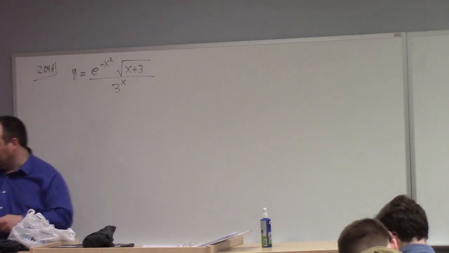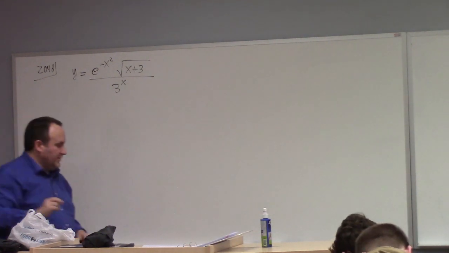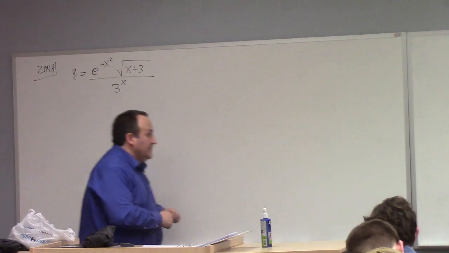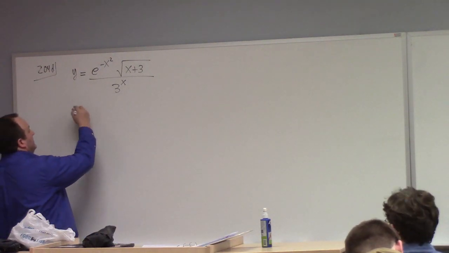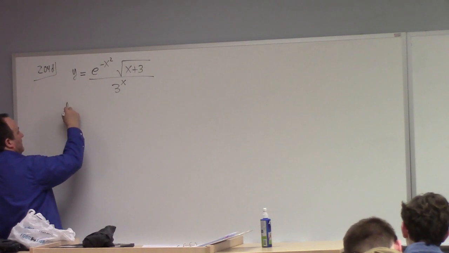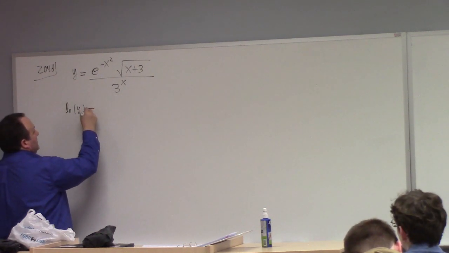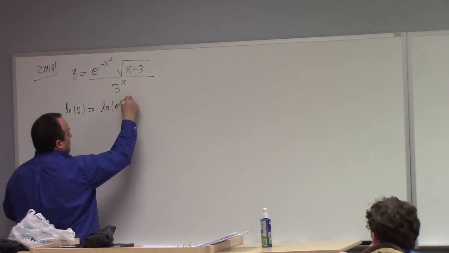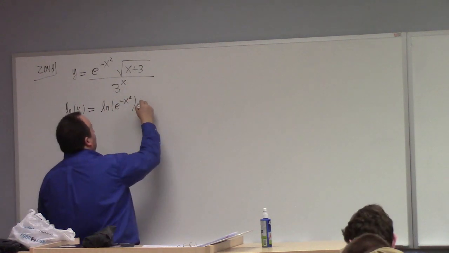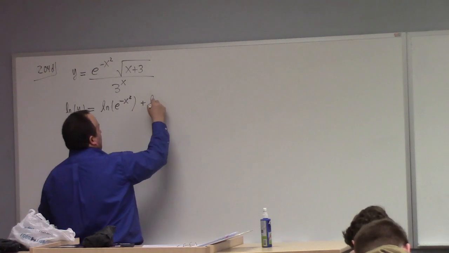So what's our first move? Our first move is to take the natural log of it. So if we do that, we have the natural log of y is equal to, I'll write out a step here because sometimes you guys get stuck on this one. In fact, let me just write out the steps.